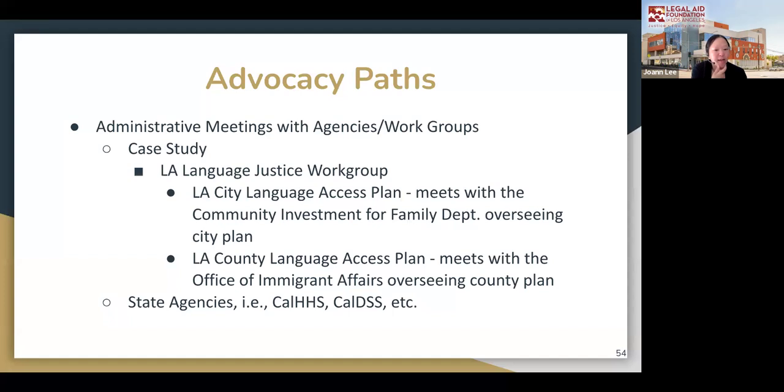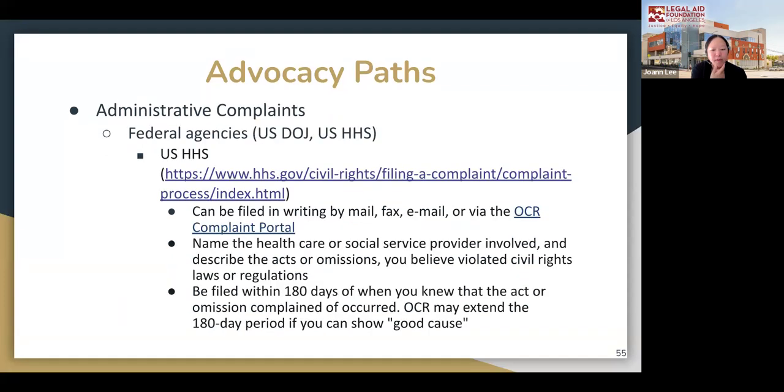On the next slide, you'll see a lot of language rights advocacy does go through the administrative complaint process. There is a process for that, both federally and statewide, which will be covered later, but this is an overview of the federal process.